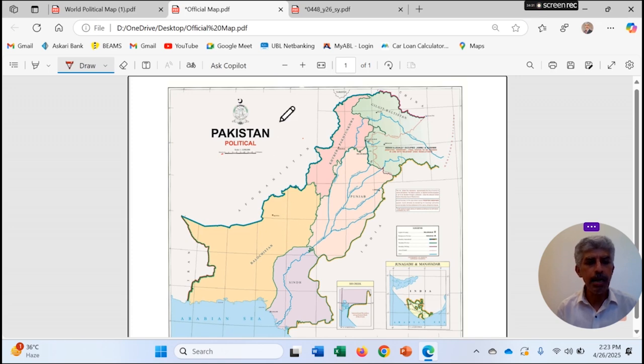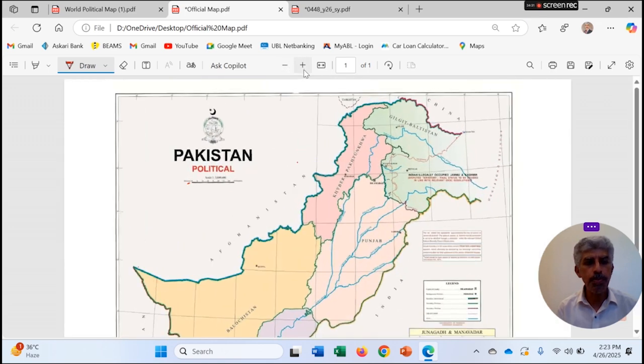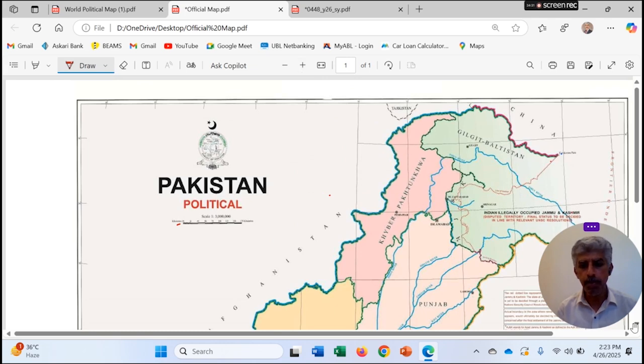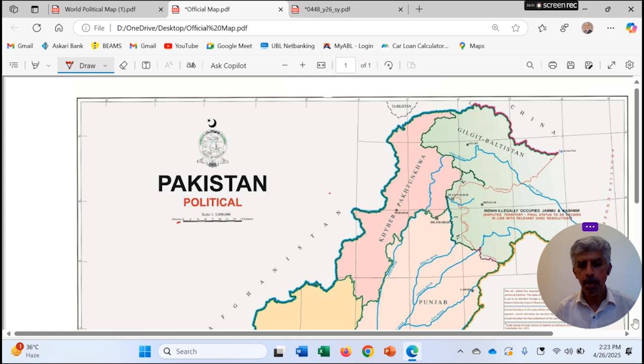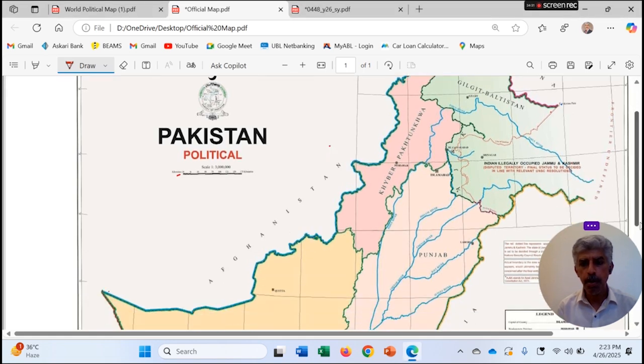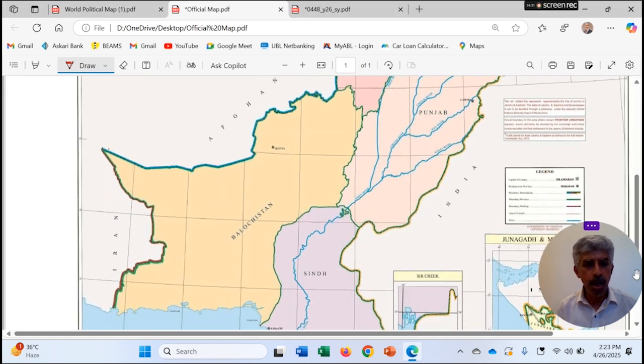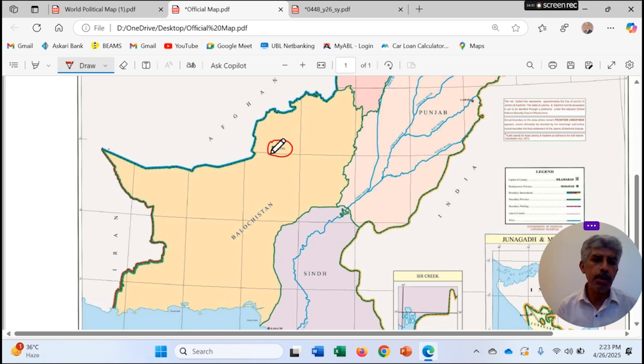and you can see that if I zoom the map and move to the Balochistan region, here you can see the provincial capital Quetta, and you can see that the Afghan border is not so far, and down over here in Balochistan we can see Gwadar.